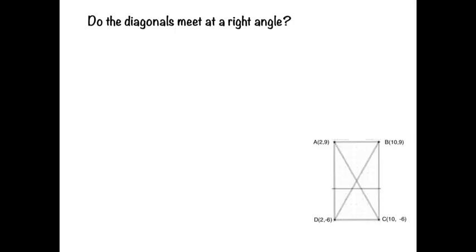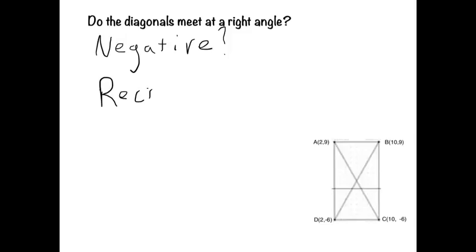Well, if they meet at a right angle, they have to be opposite signs. One is the negative of the other. But they also have to be reciprocals, which means that the fractions are flip-flopped, top to bottom.